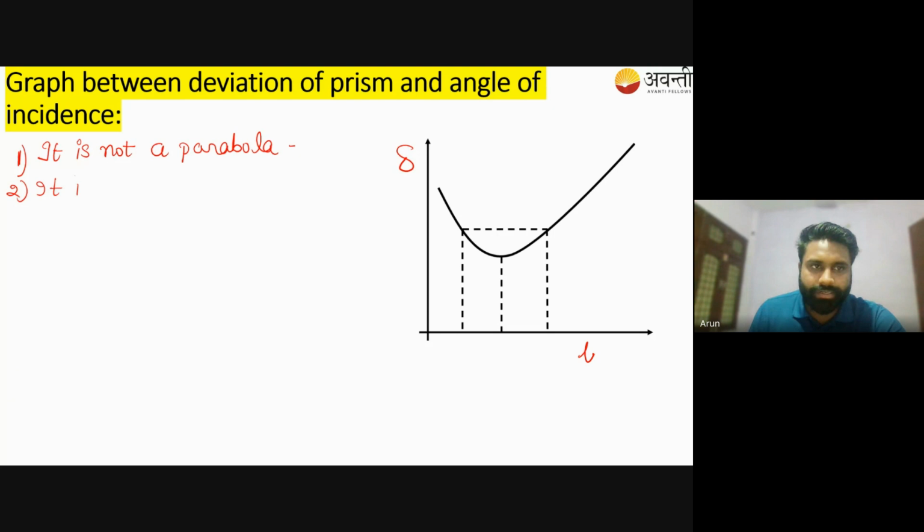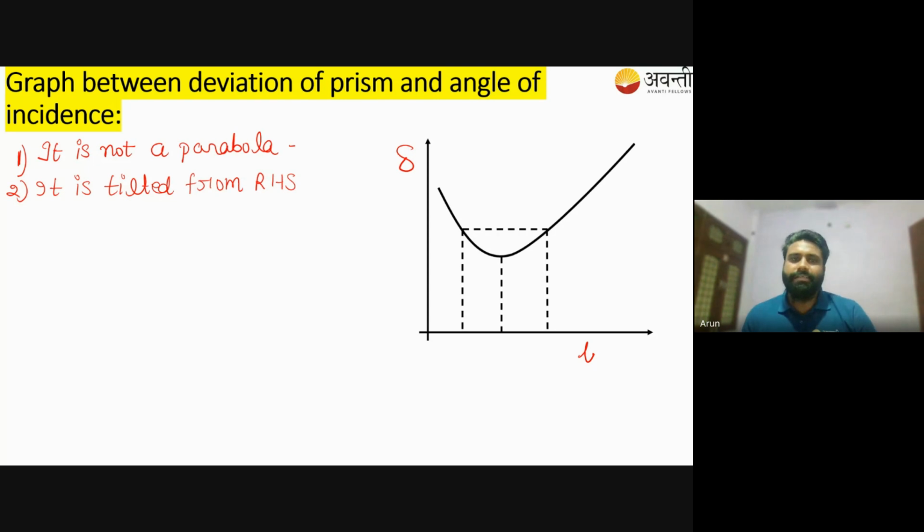The second point is that it is tilted from the RHS, the right hand side.